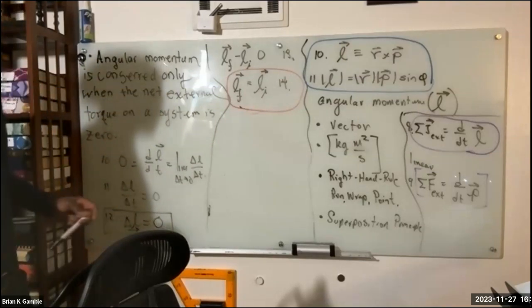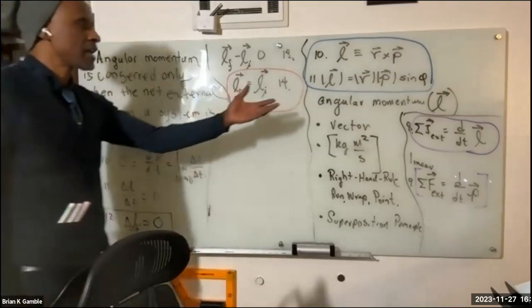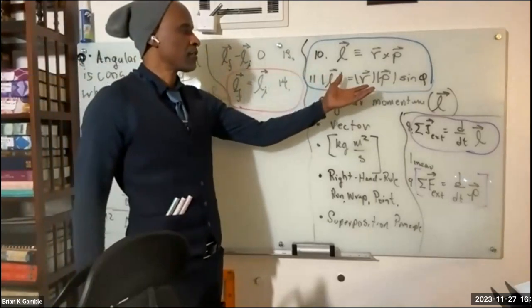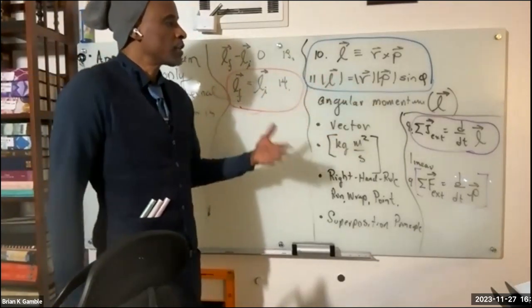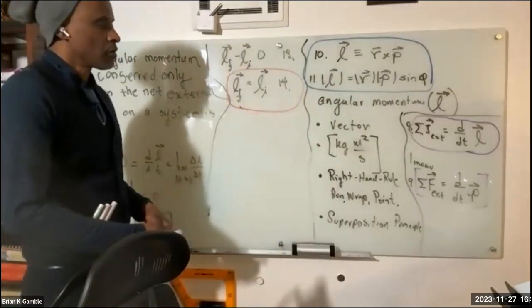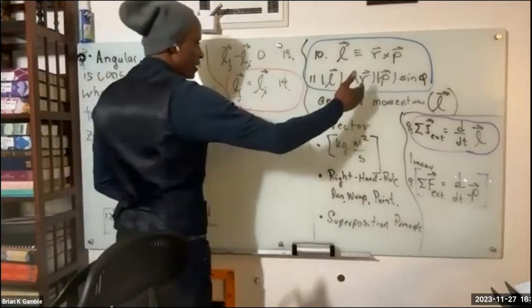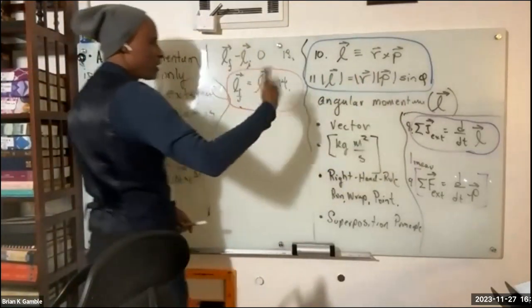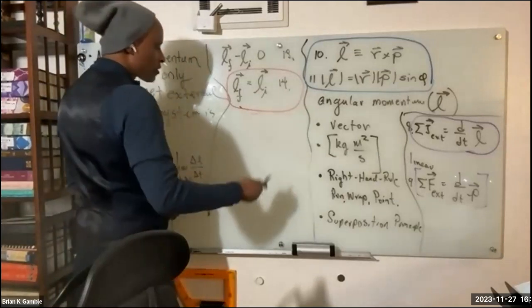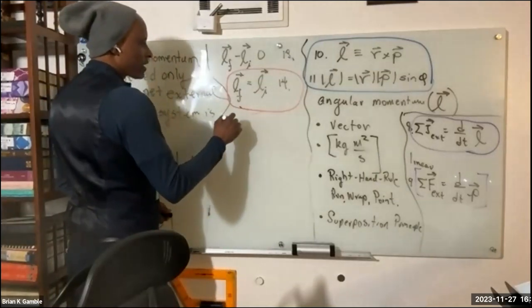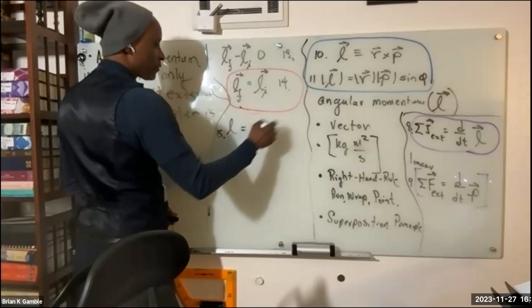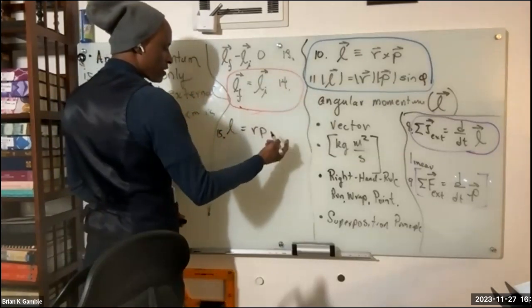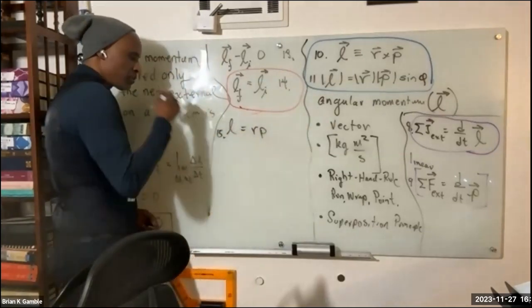It's just converting all the linear stuff, because this is angular momentum in terms of linear terms. What does it look like in terms of rotational terms? Well, we've already got the translation for each of these, so we just put them in. Assuming that L is equal to R times P, and when phi is 90 degrees, it's just RP. So then we just put in the other stuff.